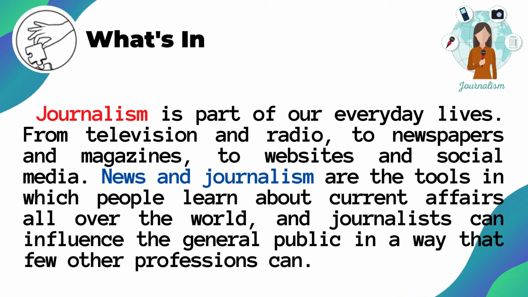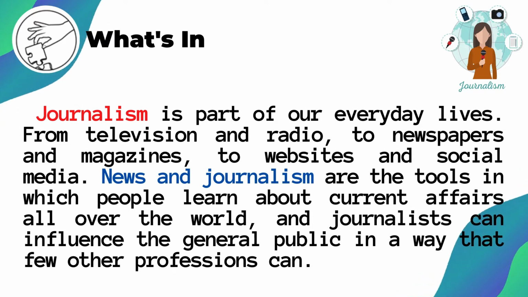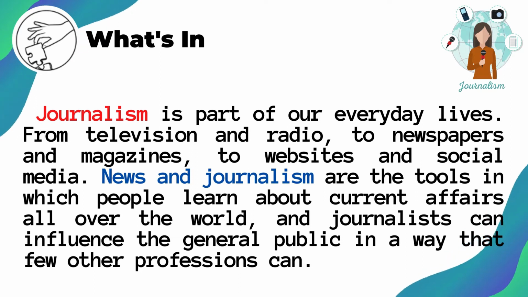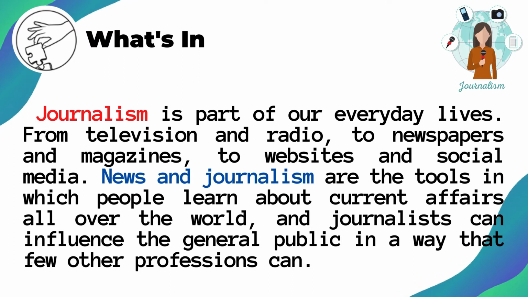Journalism is part of our everyday lives, from television and radio to newspapers and magazines to websites and social media. News and journalism are the tools in which people learn about current affairs all over the world, and journalists can influence the general public in a way that few other professions can.